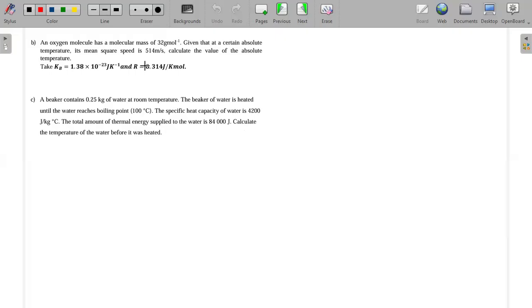All right. So what are we supposed to remember here? The basic concept here is about root mean square speed. So we're going to first establish the relationship between the root mean square speed, then we will express it in terms of absolute temperature, which is T. So we know the value of root mean square speed is calculated by the square root of 3RT divided by M, like this.